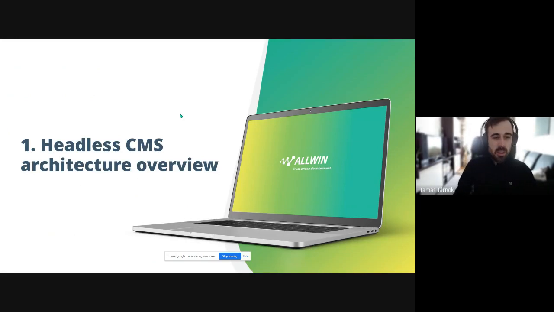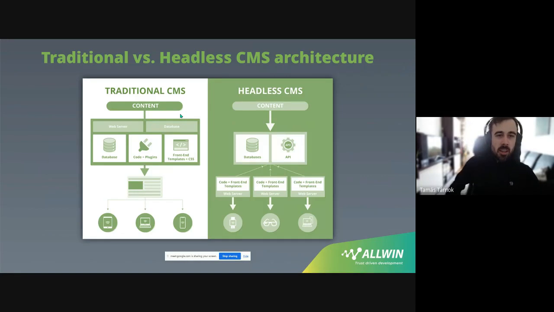First, have a look at the headless CMS architecture, and let's compare it with the traditional one. On the left side, you can see the traditional CMS architecture, where to show something on the front end, you also have to run some kind of CMS, because usually the CMS features are built into the SDK, which is doing the actual database connections.